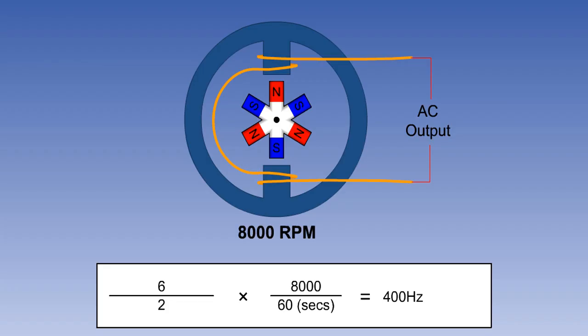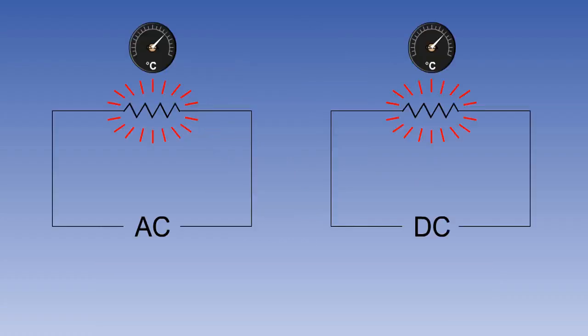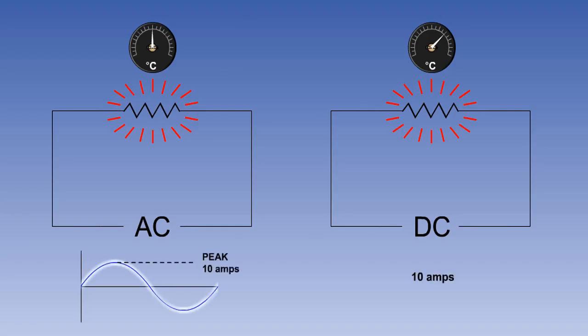The effective value of an alternating current is calculated by comparing it with direct current. The comparison is based on the amount of heat produced by each current under identical conditions.